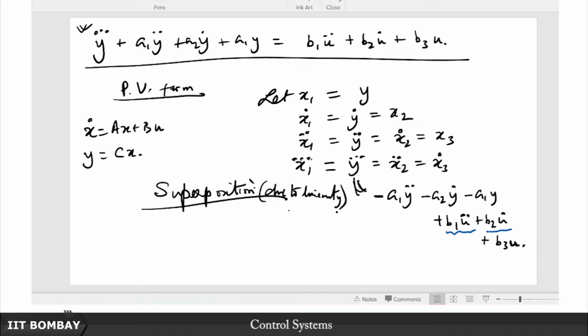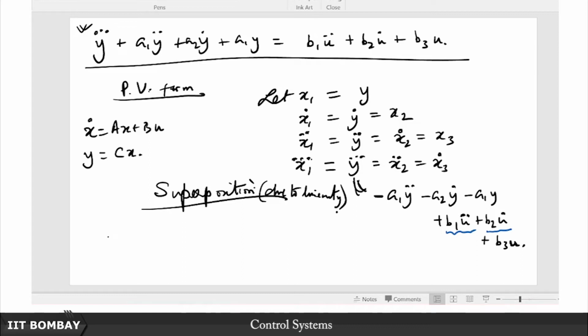Now we are convinced that this is linear in the sense that if you have an input u1 and an output corresponding to it as y1, and an input u2, output corresponding to which is y2, then the output corresponding to alpha u1 plus beta u2 is alpha y1 plus beta y2.